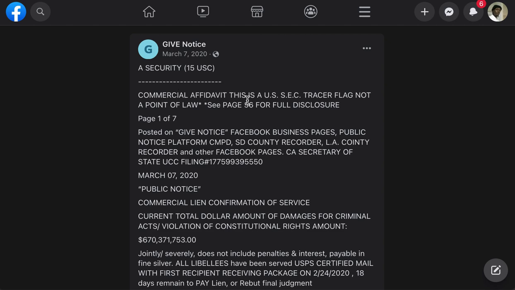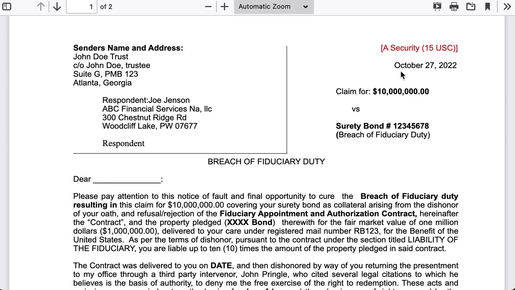It says commercial affidavit. This is a US SEC tracer flag, not a point of law. To me, what that's stating is what they call the creation of a speculation account, right? So an account is being created, and it's not a point of law, it's equity. So an equitable account, I believe, is essentially what you're creating with this. You're giving them notice this is what's being created. This is the account. This is the claim for $10 million against the surety bond.